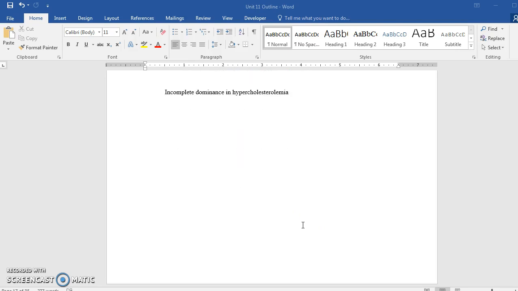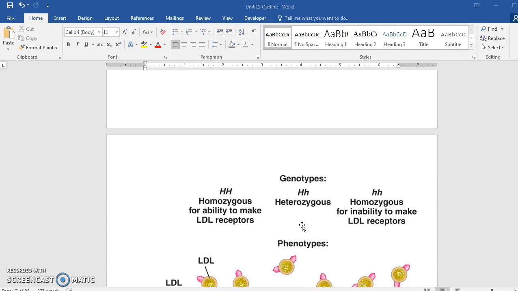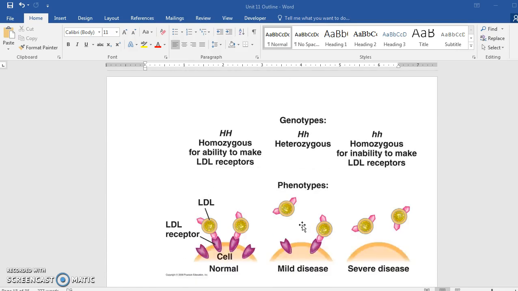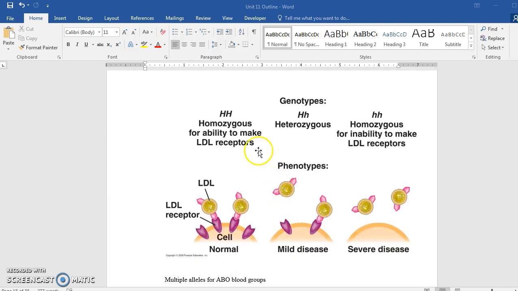In incomplete dominance in hypercholesterolemia, you have the homozygous big H, and that would be normal. A person should not have elevated cholesterol levels because they have the correct LDL receptors on the surface of their cells.